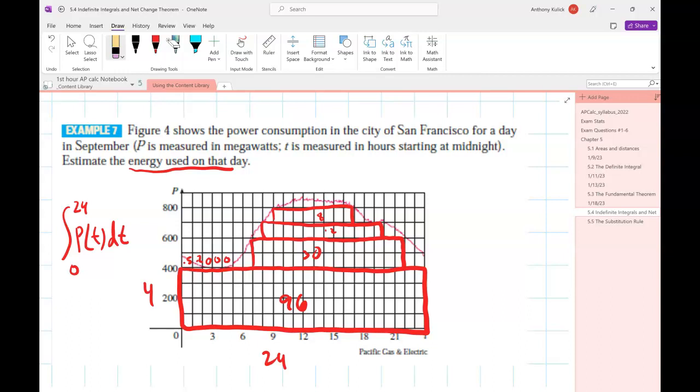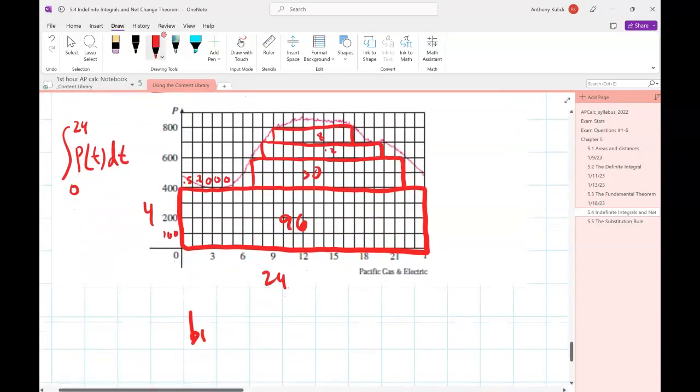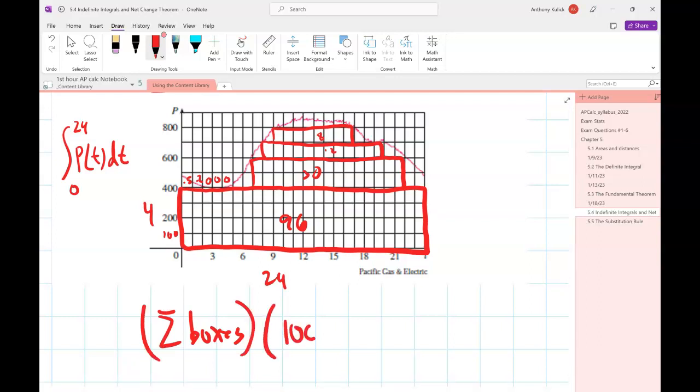Keep in mind, though, that each box is like 1 by 100, right? So we'd add up all those times the area of one box, which is 100.